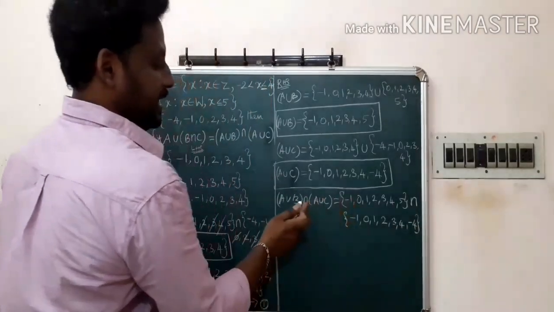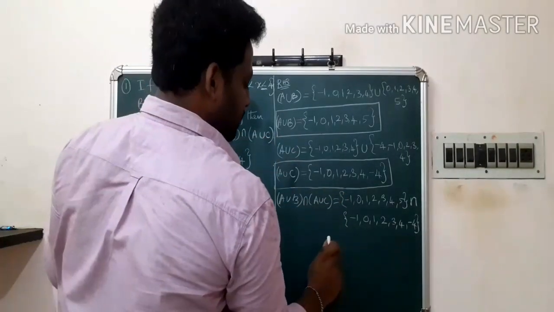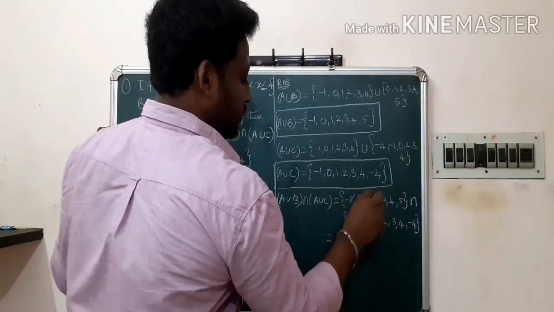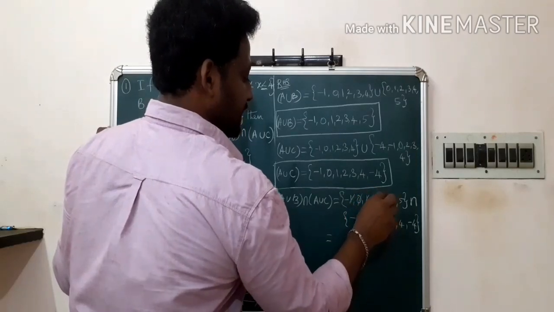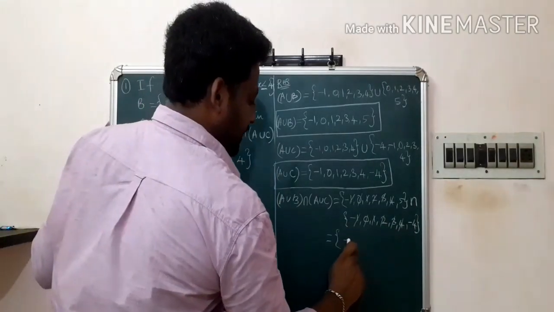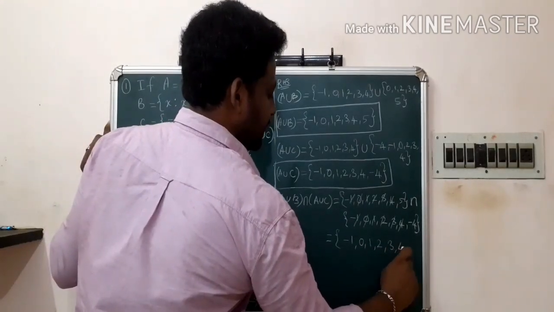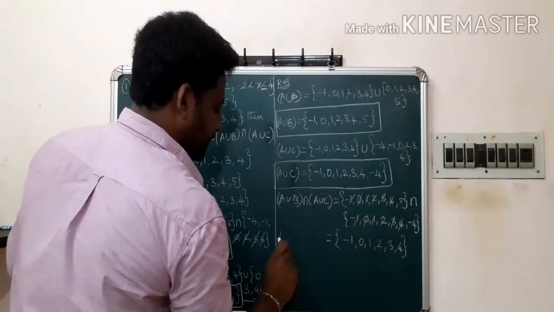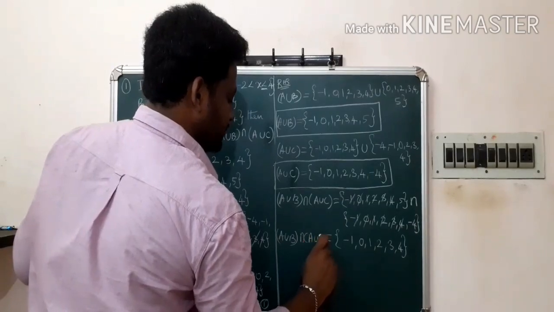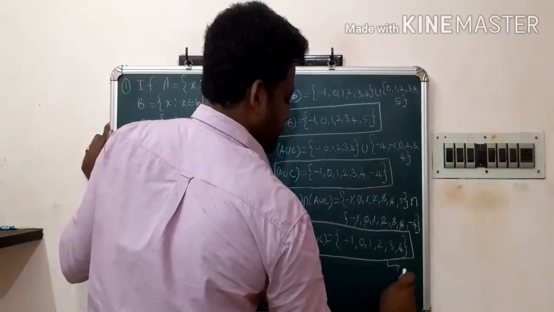Intersection means we have to take the common elements. What are all the common elements here? Minus 1 is a common element, and then 0, 1, 2, 3 and 4. So list out the elements: minus 1, 0, 1, 2, 3 and 4. This is A union B intersection A union C, and this is taken as equation 2.